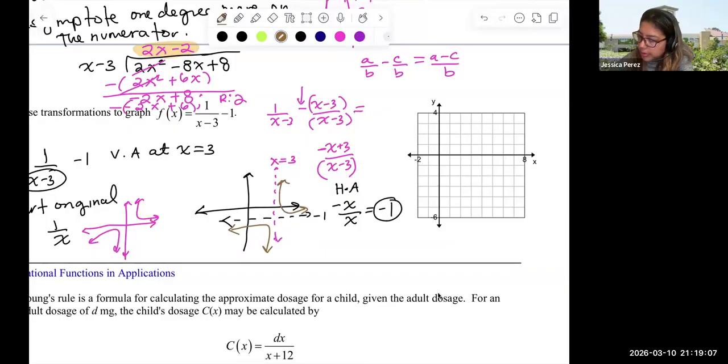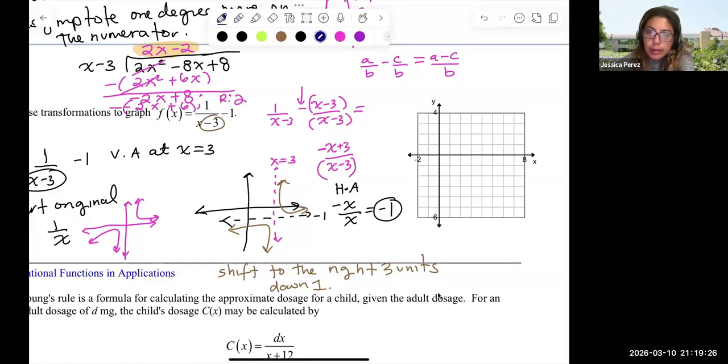So that means you shift to the right 3 units. So there's your shift to the right, the -3, and then down 1 because of the vertical, the -1, minus k.